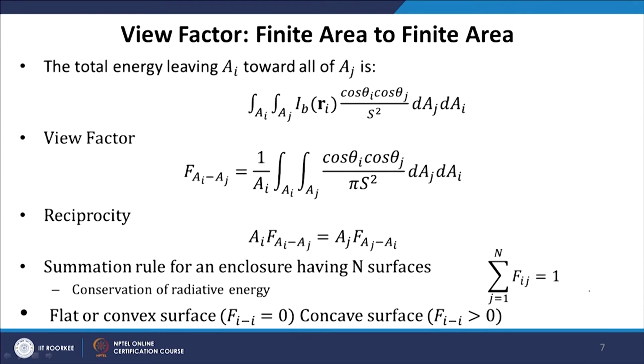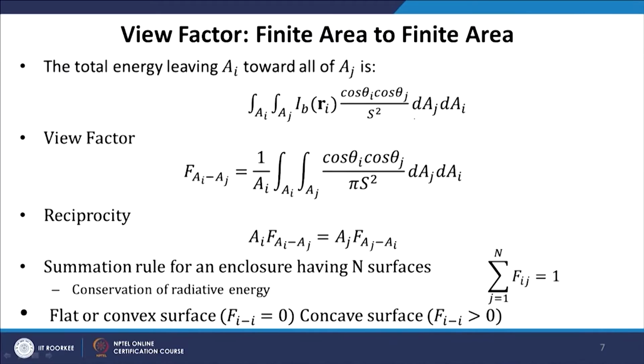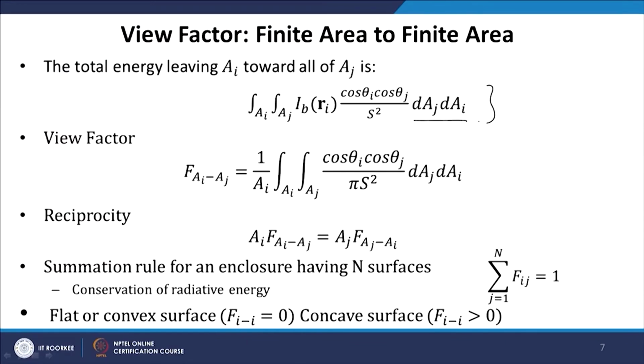Now, when we are trying to find the view factors between two finite areas, we have to do a double integration, and this double integration has to take place over the entire surface Ai and surface Aj. So, the total energy emitted from surface Ai is Ib times cos theta i dAi, and this energy reaches the surface Aj. So, this is the total amount of energy between surface Ai and surface Aj.